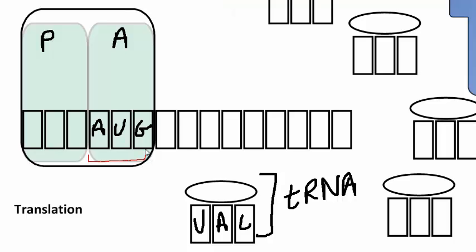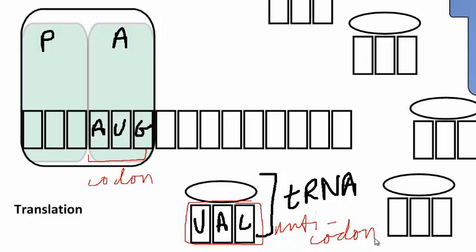So this is a codon, C-O-D-O-N. And the three-letter segments on the tRNA are called anticodons. The anticodon is just there to make sure that it can get to the right codon, because they match up together, A with U, G with C, and so forth.